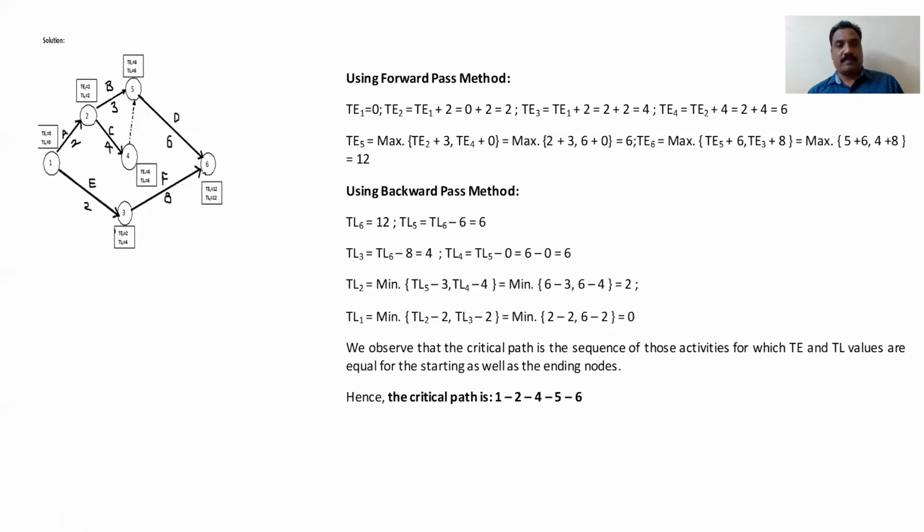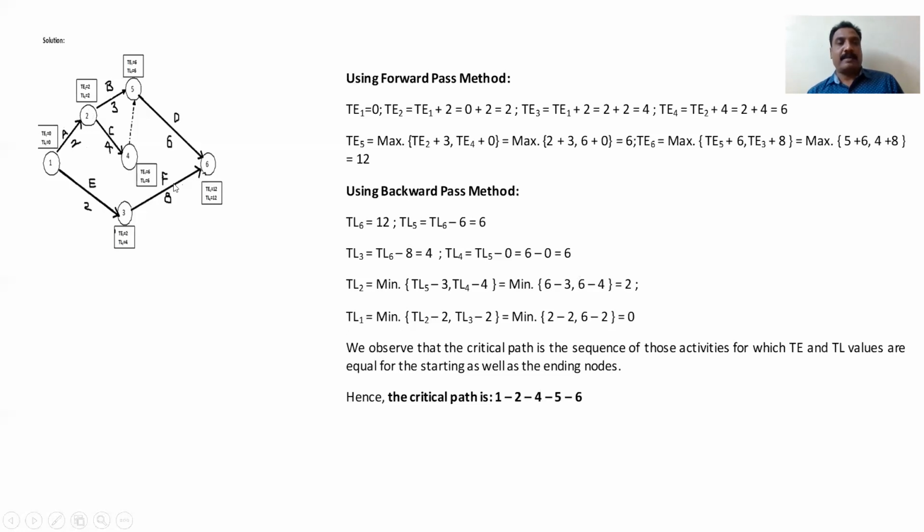So TL2 is the minimum of TL5 minus this duration, 3, and TL4 minus 4, that is the minimum of 6 minus 3 or 6 minus 4, which is 2. Whichever is the minimum of these two, we should take. Now we got TL2.